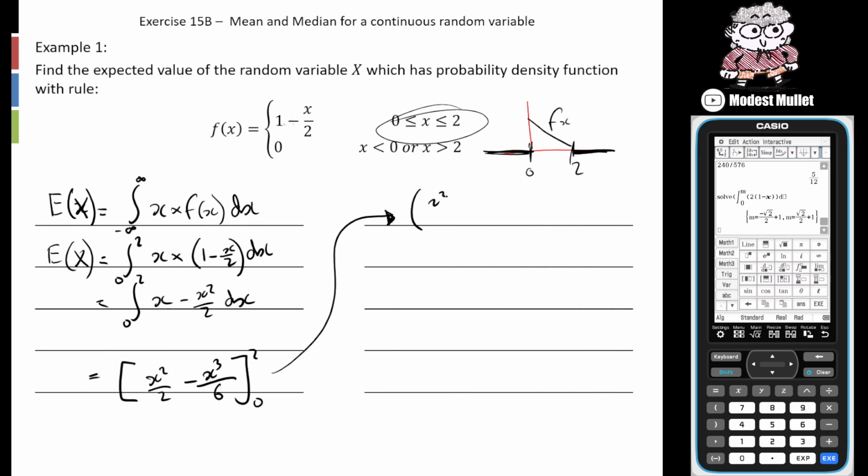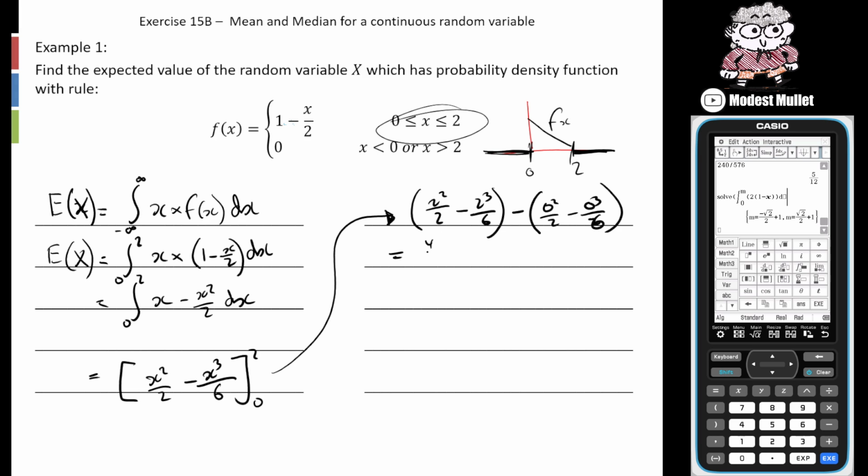Now we just do our substitution. So we've got 2 squared on 2 minus 2 cubed on 6, all take away 0 squared on 2, take away 0 cubed on 6.